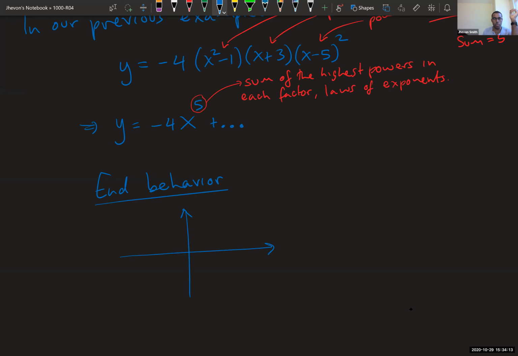So one side is going to point up, one side is going to point down. How do I know which side points up, which side points down? The left side is up, the right side is down because it's -4. Right, so I know it looks like that. And you'll notice that this agrees with our graph from the last part.